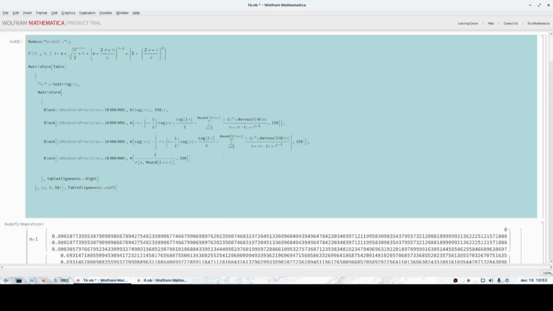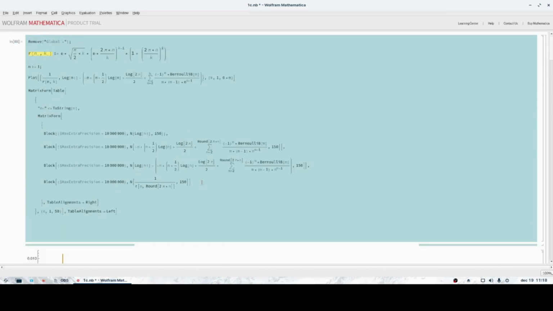This is very cool. Well, I cheated a little here because the remainder term depends on k also, but I used directly the best value for k here just for comparing the values.